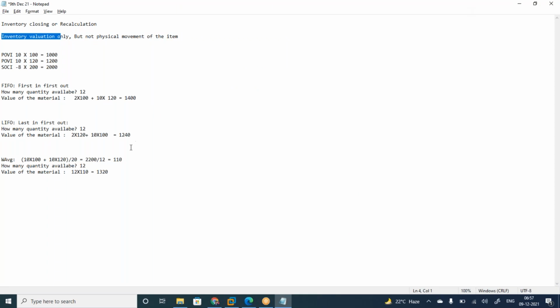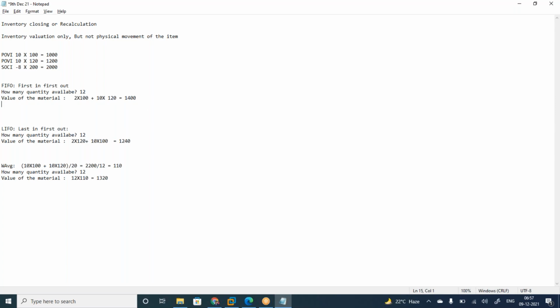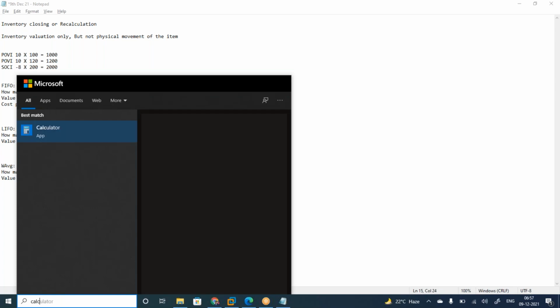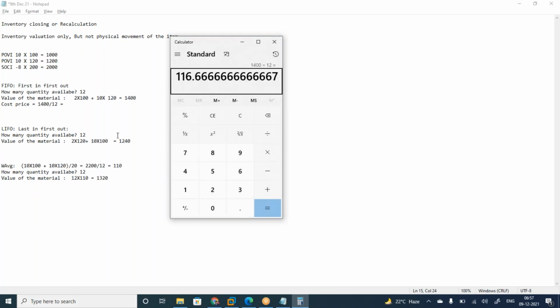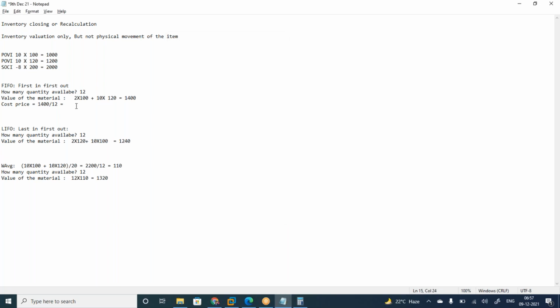So the actual process is, it is 1400, and the cost price should be 1400 divided by 12, which is 116.67.